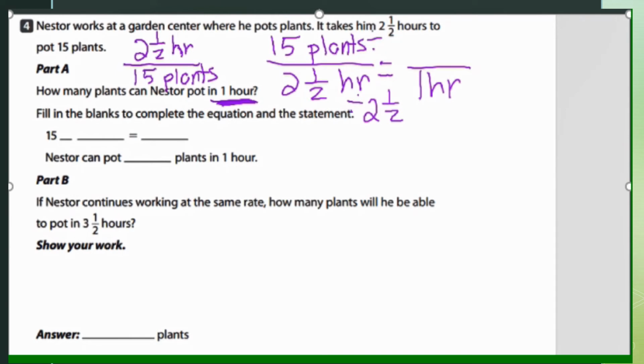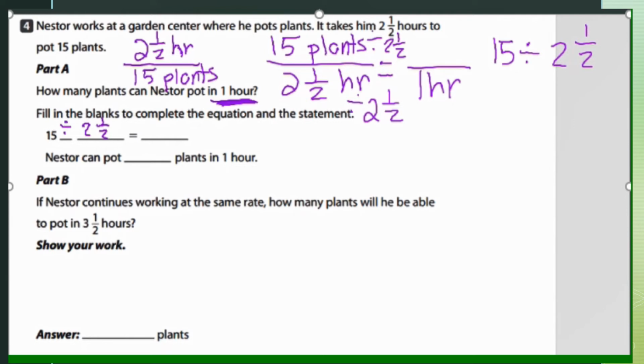So I'm going to divide 15 plants by 2.5. So 2.5 hours divided by 2.5 is going to give me 1 hour. So I know I need to start off with 15 as my dividend and divide by 2 1/2. And then the answer that I get from that is going to give me what that's equivalent to. So I can write 15 divided by 2 1/2.